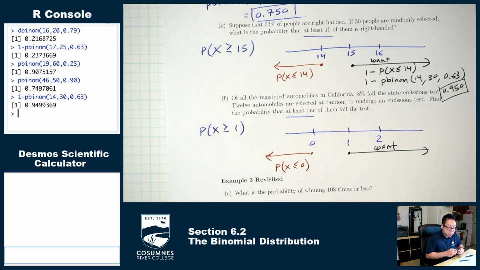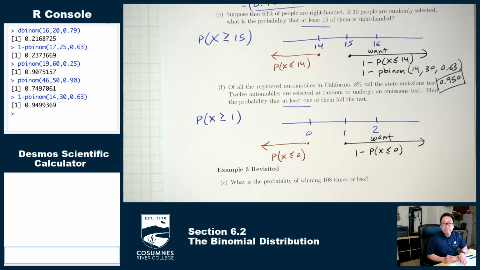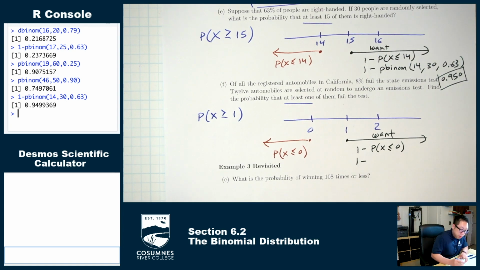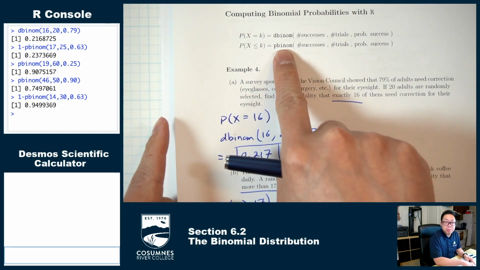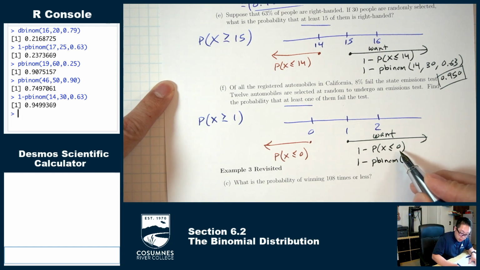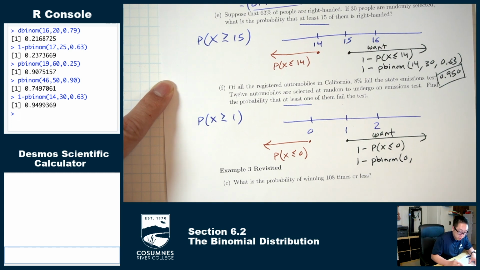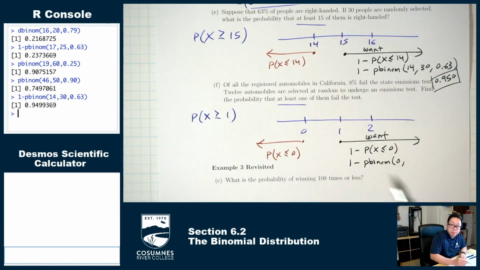And then to get what you want is the complement. So it's just 1 minus that. So 1 minus probability of x less than or equal to 0. And what I should type in is 1 minus less than or equal is a p-binom. So we're going to do p-binom. Number of successes, it's that 0. Number of trials, so total number of cars here, we're talking about 12 total.